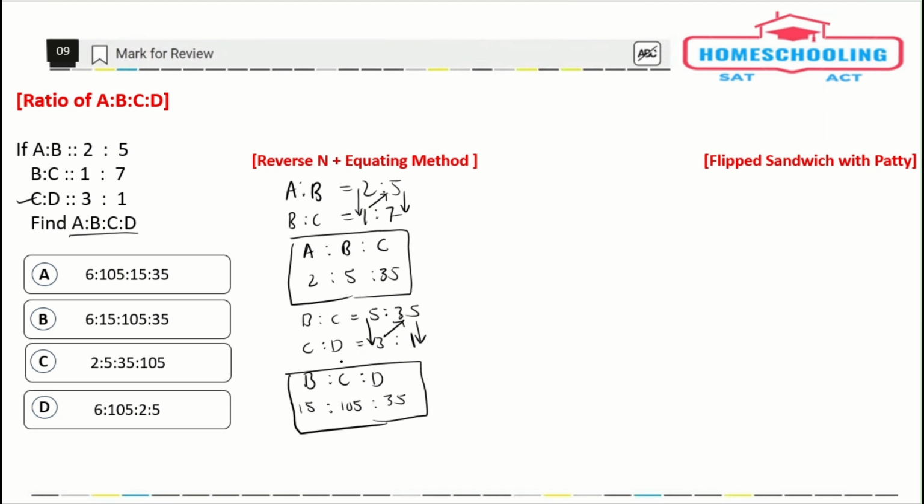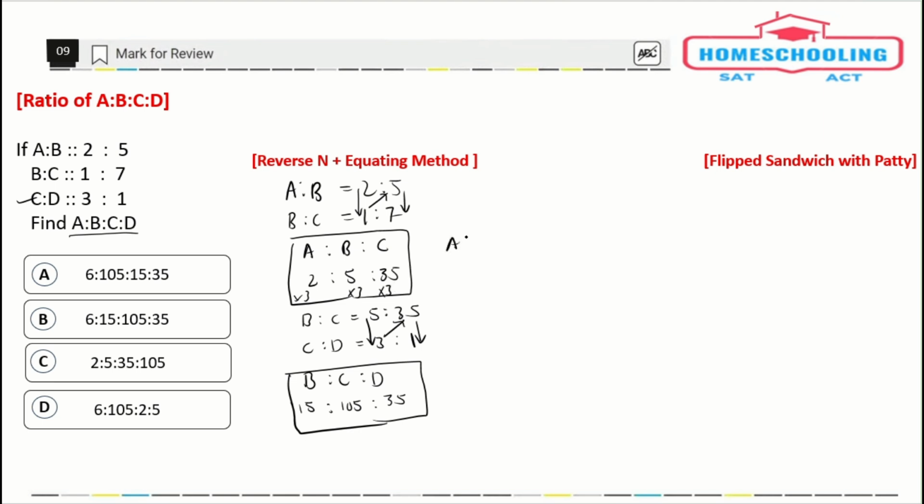Now we have to equate these two ratios. As we can see, B and C are common here. B is 5 here and B is 15 here, so we can multiply by 3. So 5 becomes 15, and 35 into 3 is 105. We will multiply all the terms by 3.